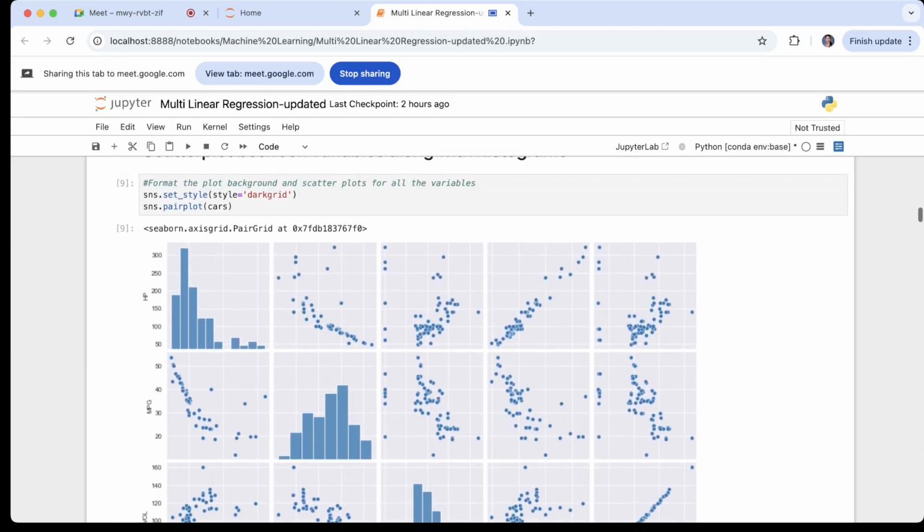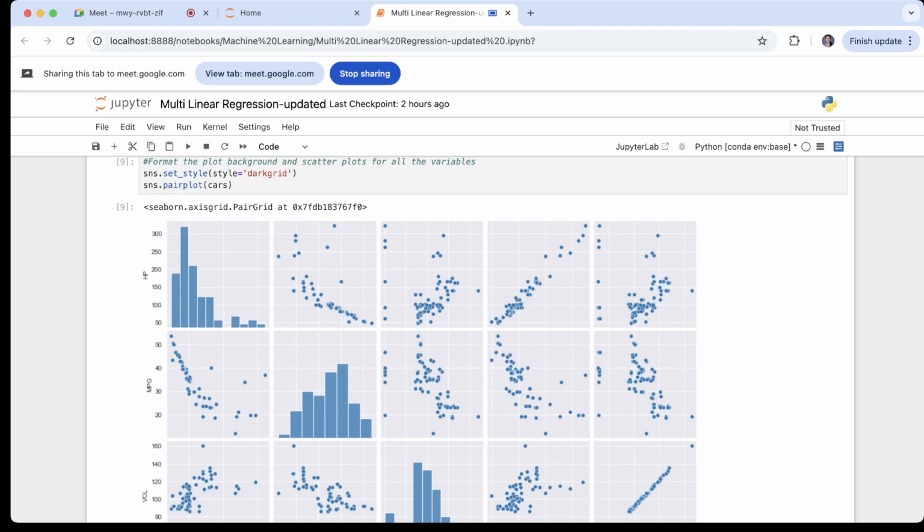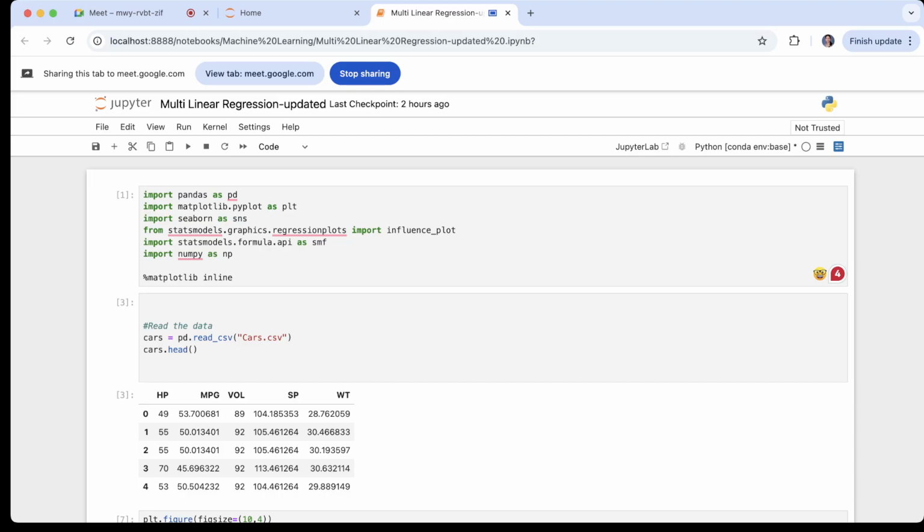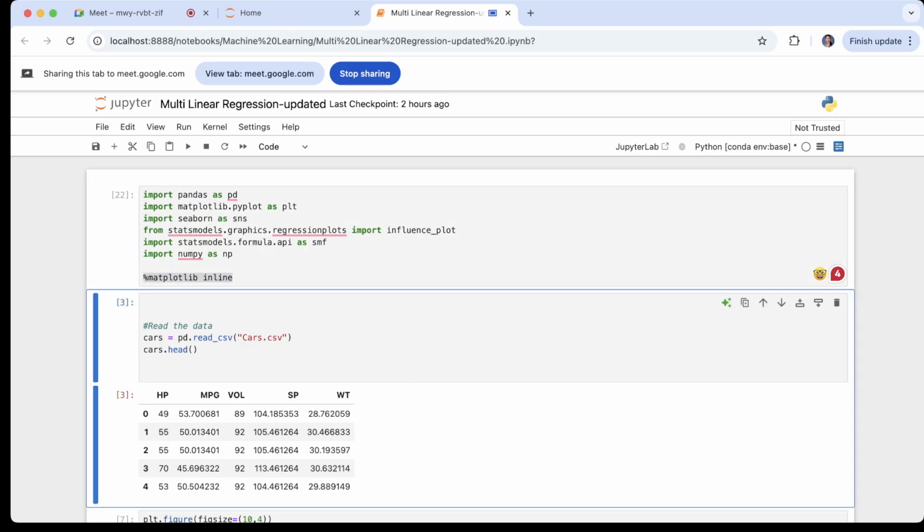Okay. So then, that is because of the matplotlib, it is not getting.